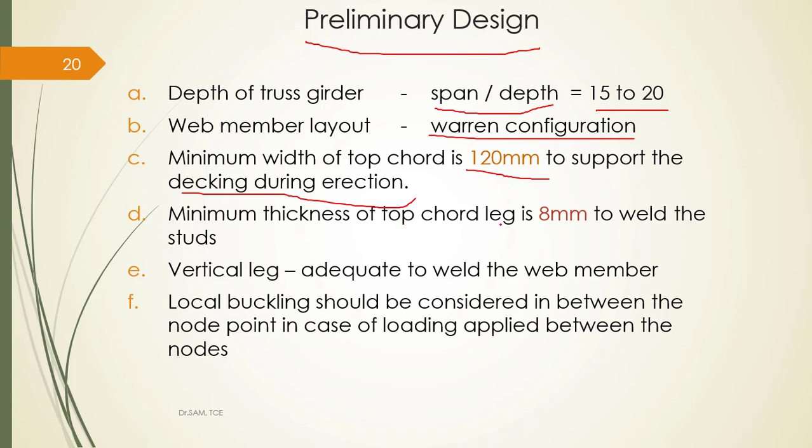The minimum thickness of the top angle will be taken as 8 mm, which will facilitate good welding of the stud with the top angle. The vertical leg will give adequate space to weld the other member or the gusset plate. Since the top angle is subjected to load in between the nodes, it has to be checked against buckling. Sometimes the bottom angle is also subjected to load in between the nodes, so that should also be checked against local buckling.